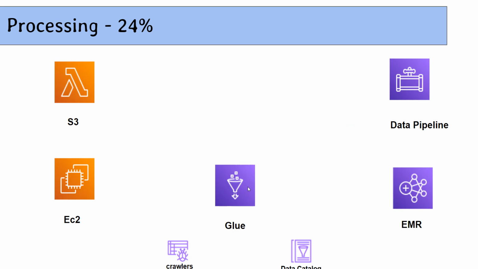The third domain is processing, which covers 24%. Here you will find many famous AWS services such as Lambda, Glue, EMR and Data Pipeline. You will not get any question on EC2 as such, but you should be aware about the types of instances such as reserved, on demand, spot, and when to use which type of instance, because you may get a question that you have to reduce the cost of your solution or you have to design a system which is cost effective.